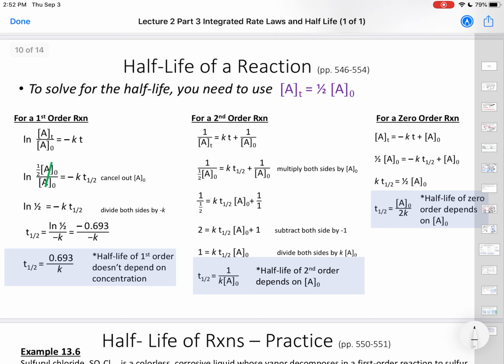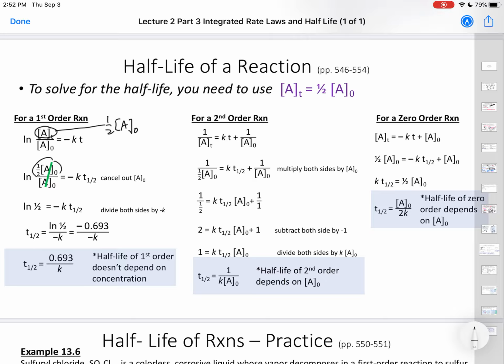Looking here, your integrated rate law for first order is ln of the concentration of A at time t divided by the concentration of A at time 0 equals minus kt. Instead of writing this, we're going to write 1/2 A0, because A of t at the half-life is half of the original amount.